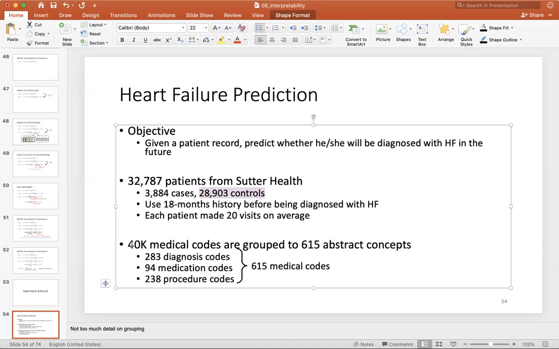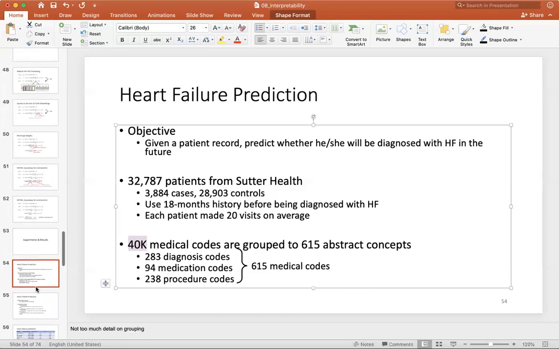So we aggregated, or merged, different types of medical codes, and reduced 40,000 dimensions into 615. For example, we can merge type 1 diabetes with type 2 diabetes into a single diabetes code. So that is some reduction in the input space.